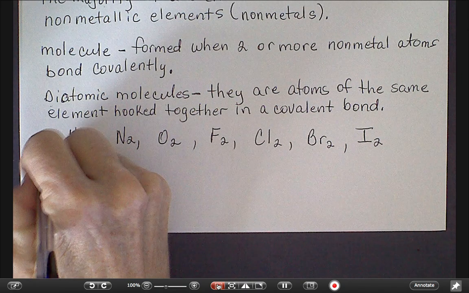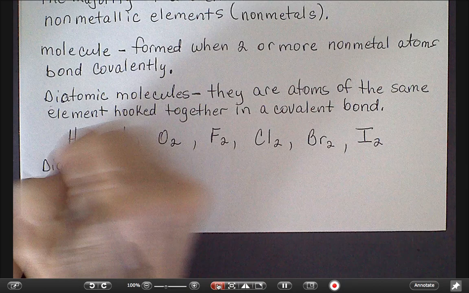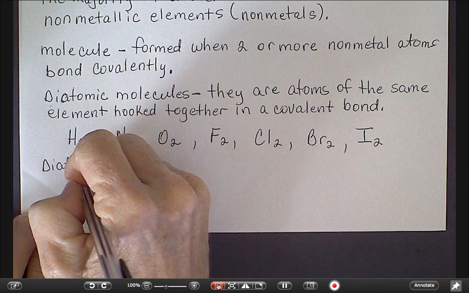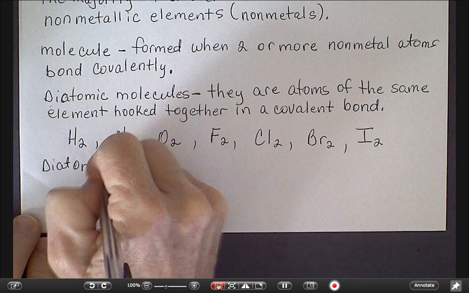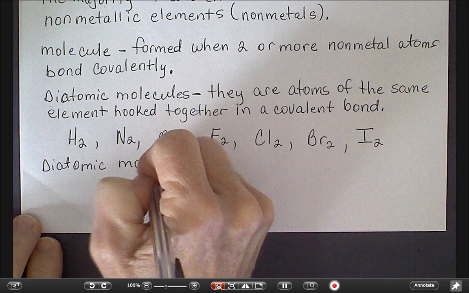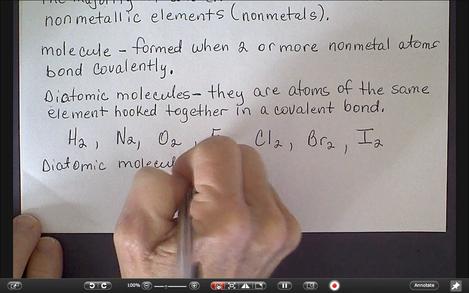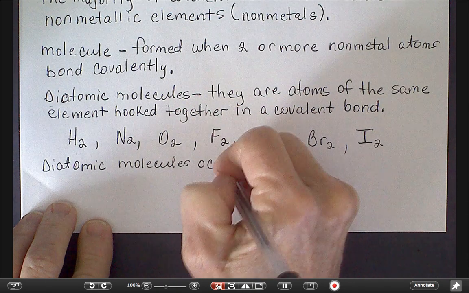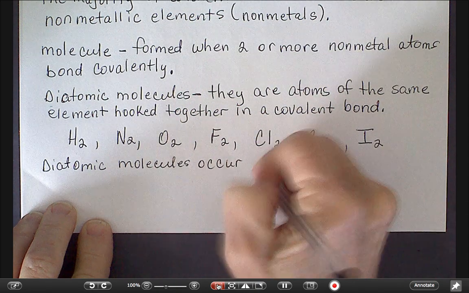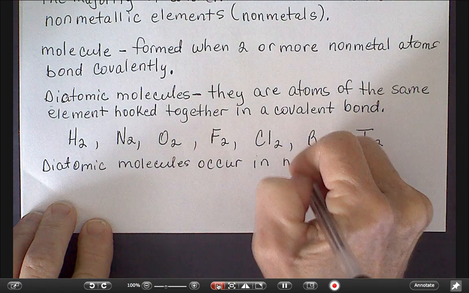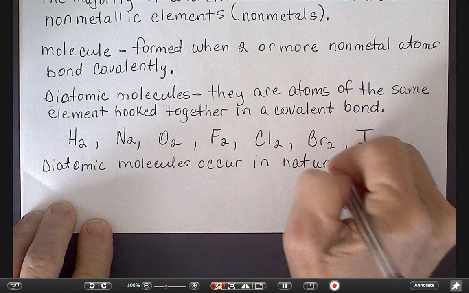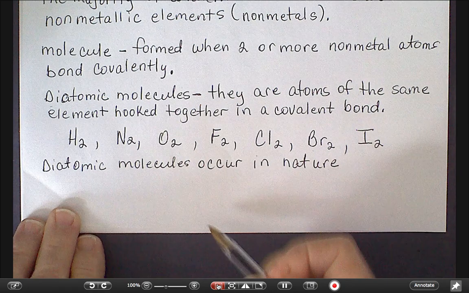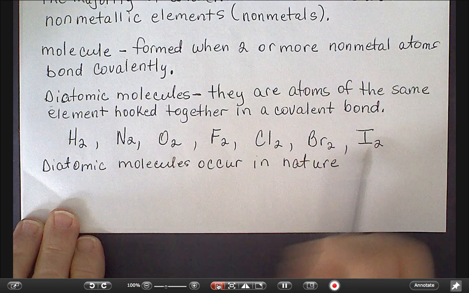Diatomic molecules occur in nature, so this is how you find those elements in nature.